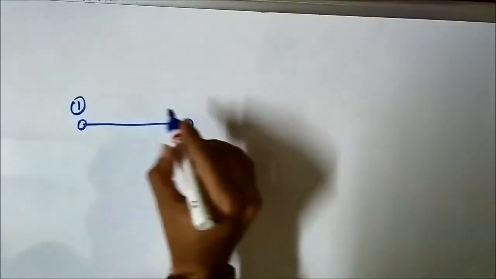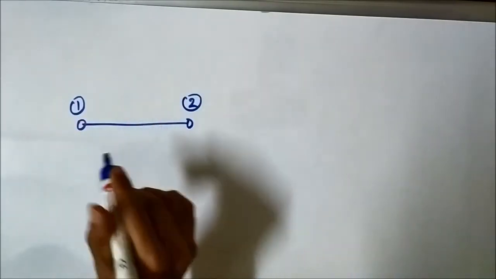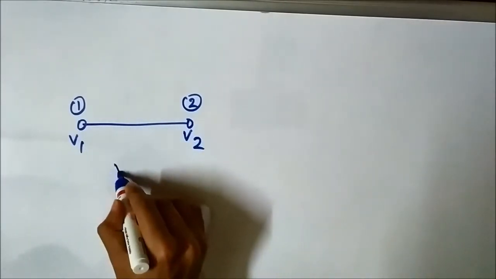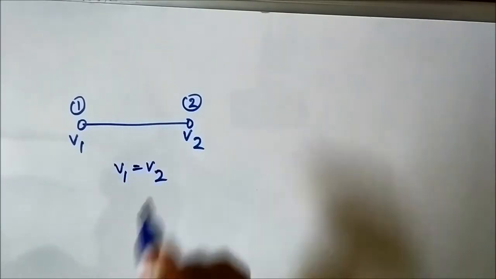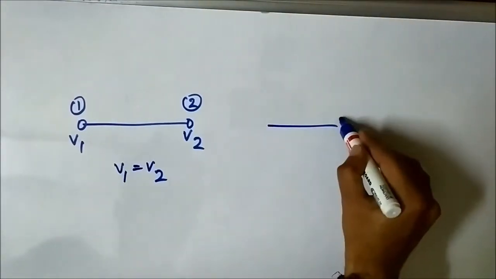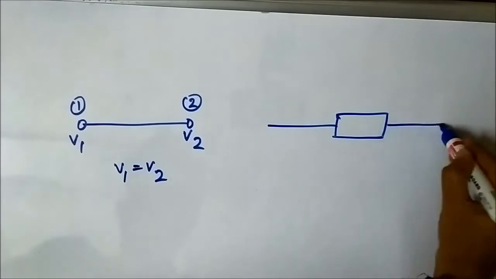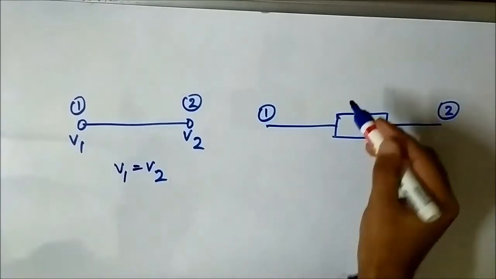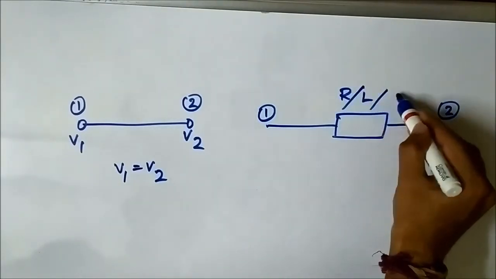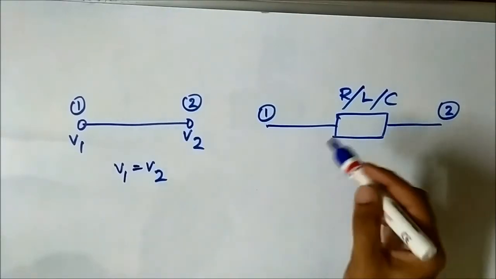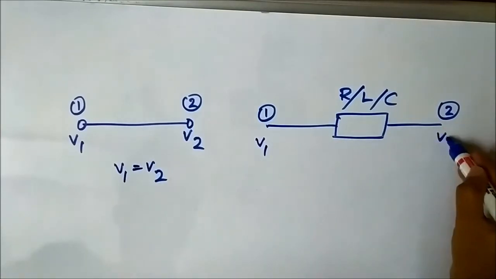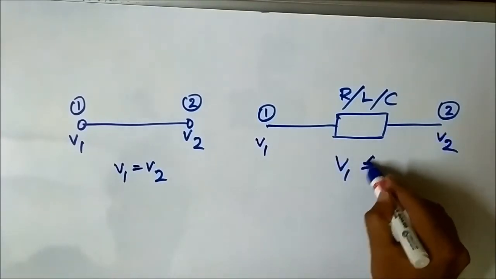If there is a short circuit between 2 points, let us say 1 and 2, with no circuit element present, the voltage at points 1 and 2 will be the same, V1 will be equal to V2. But if there is a circuit element present in between points 1 and 2, be it R, L, C, which absorbs power, there is a voltage drop across it. In that case, V1 will not be equal to V2.